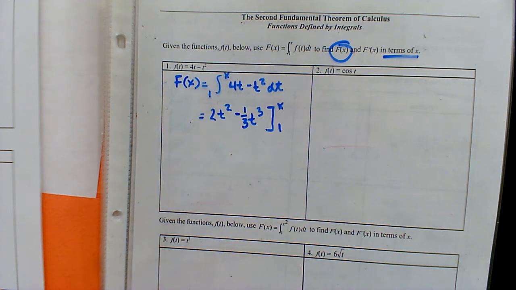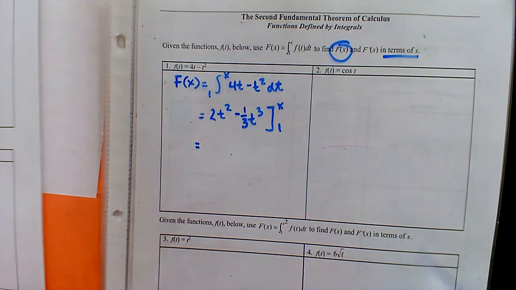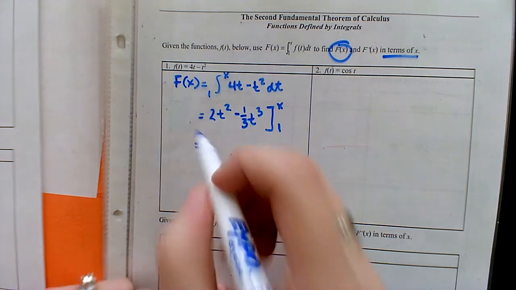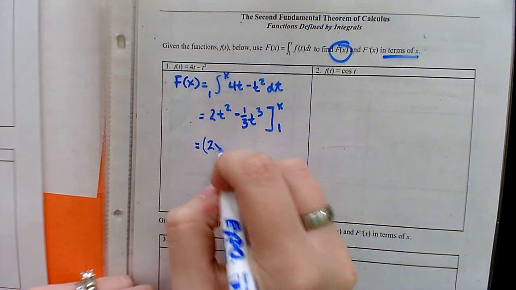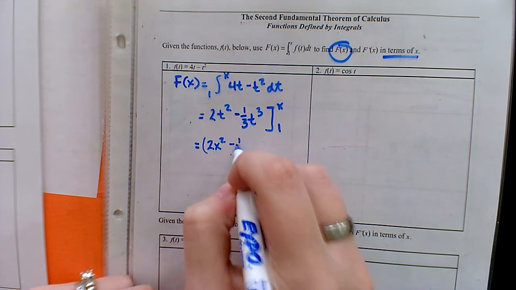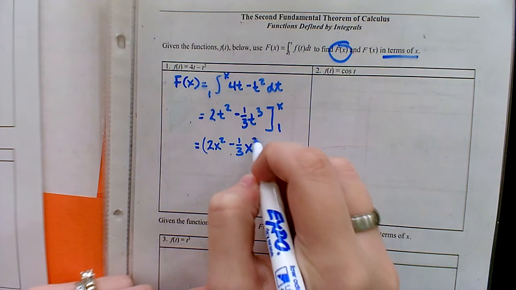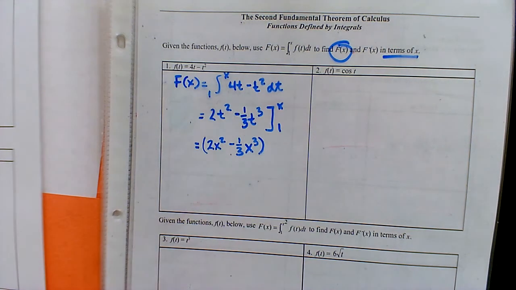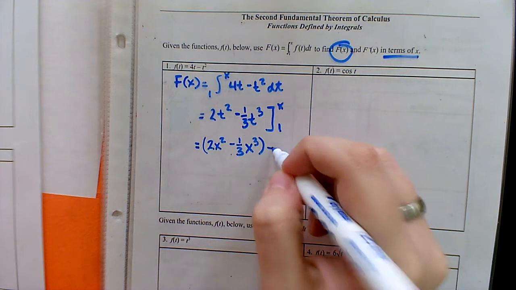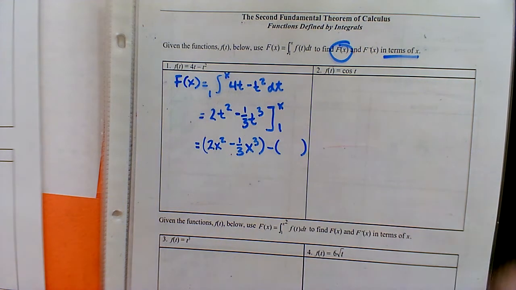All right, so we plug in the top bound first. That would be 2x squared minus 1/3 x cubed. And then we need to subtract what we get when we plug in the bottom bound. So we'll plug in 1 for those t's.